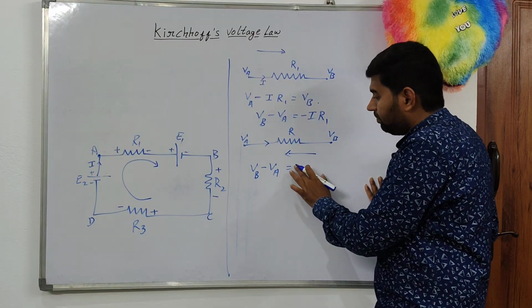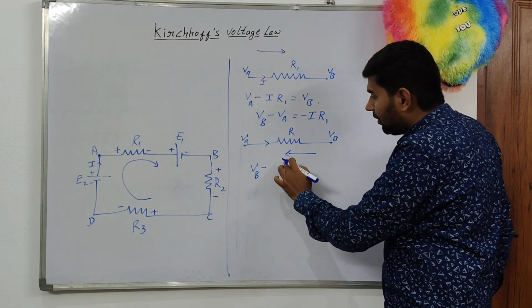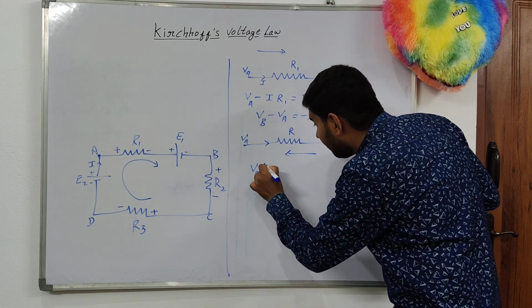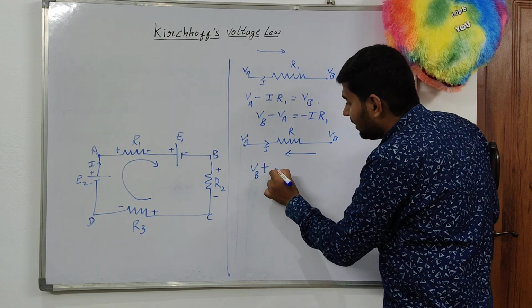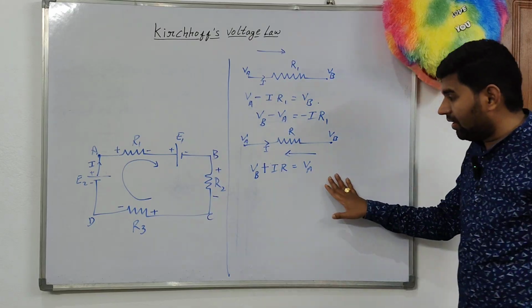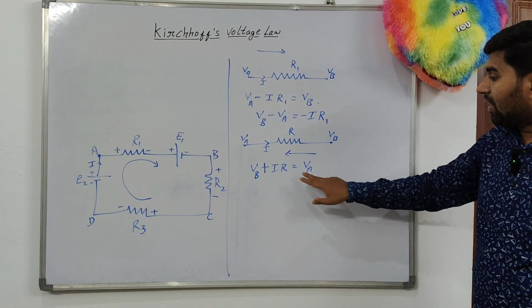If both are opposite, it means there is a rise in potential. We can write VB plus IR is equal to VA. Is that clear? If both are opposite, it will become positive. VB plus IR is equal to VA.